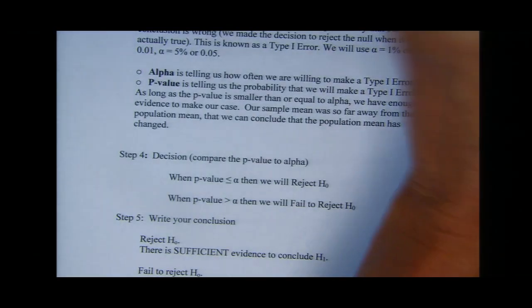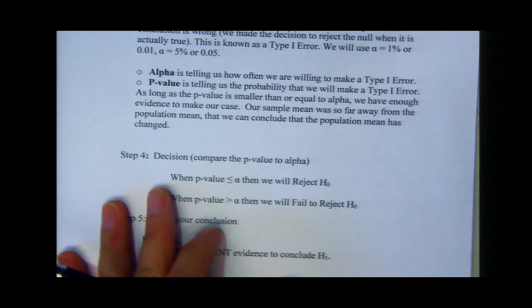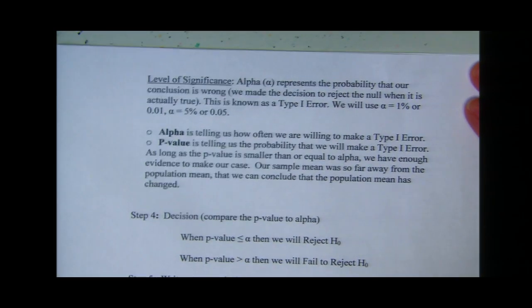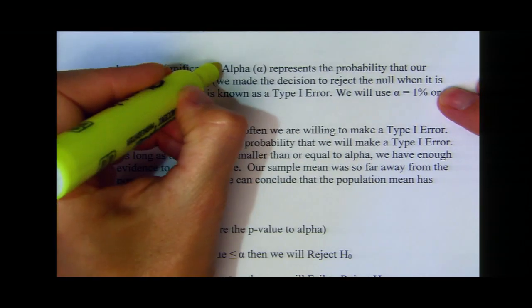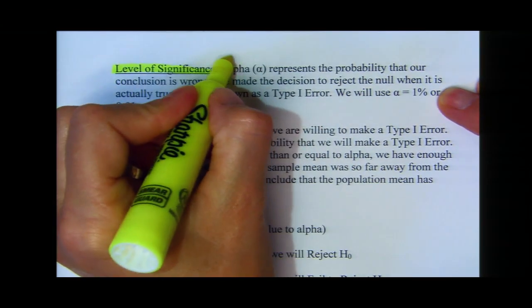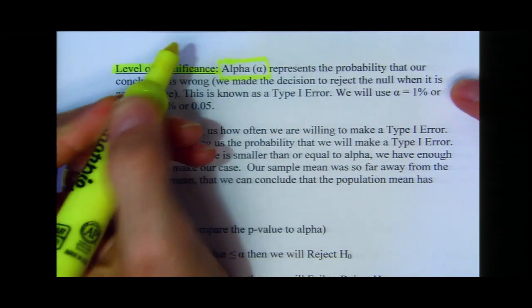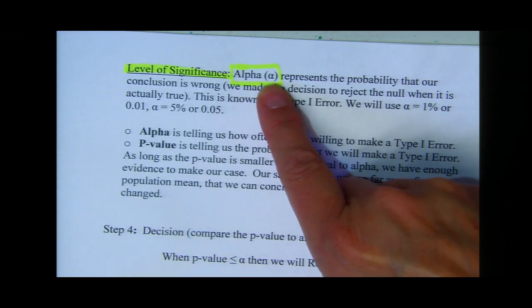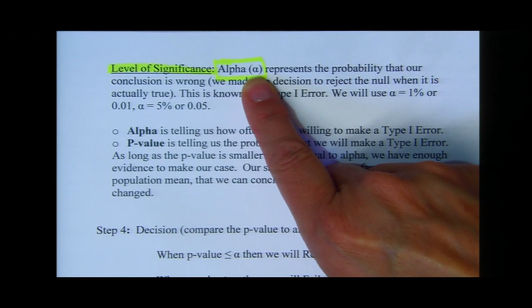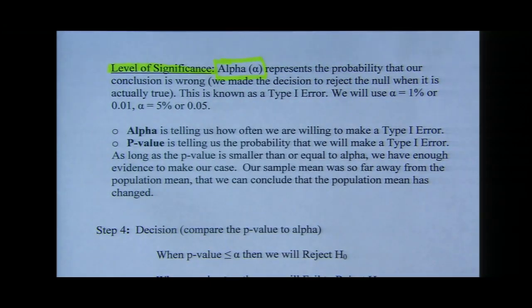But before we do, there's one last thing we need to talk about when you're doing hypothesis testing, and that is what is called the level of significance. The level of significance is a Greek symbol which looks like a little fish, and it's called alpha. Alpha represents the probability that our conclusion is wrong, so we did a test, but we got the wrong results.